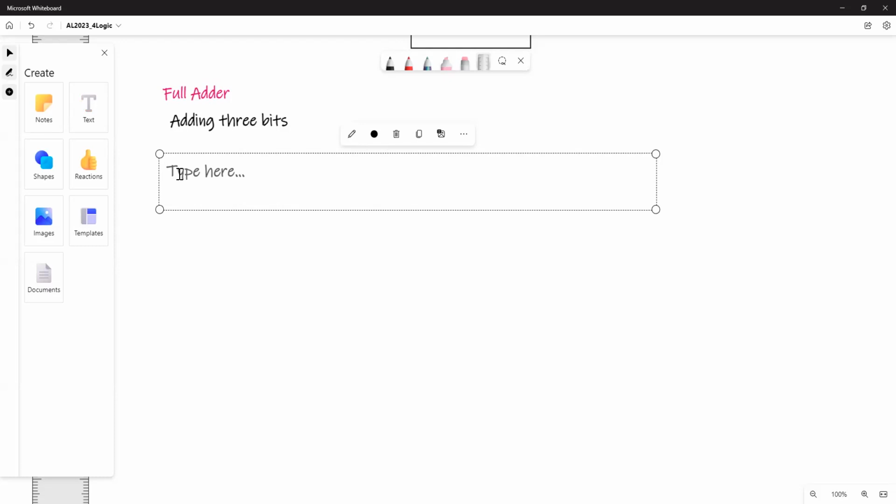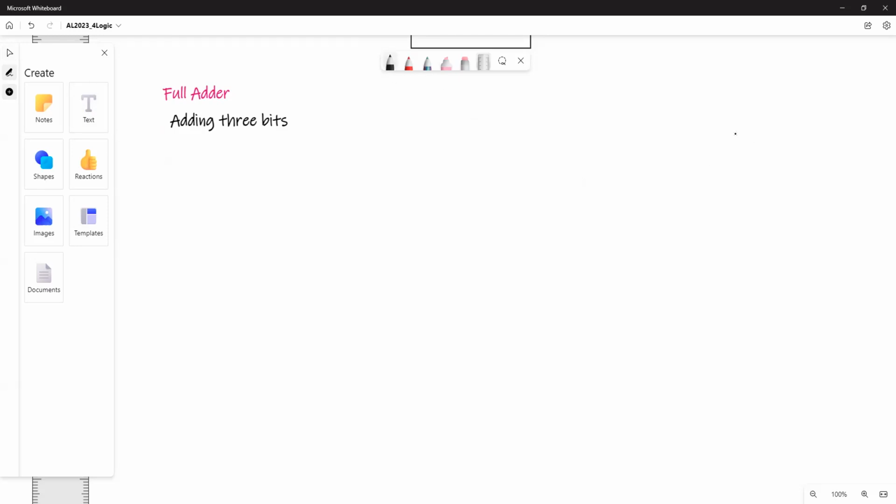Now adding 3 bits here means, we know when we are adding binary numbers, let me put it this way. Let's say we have 10101111.